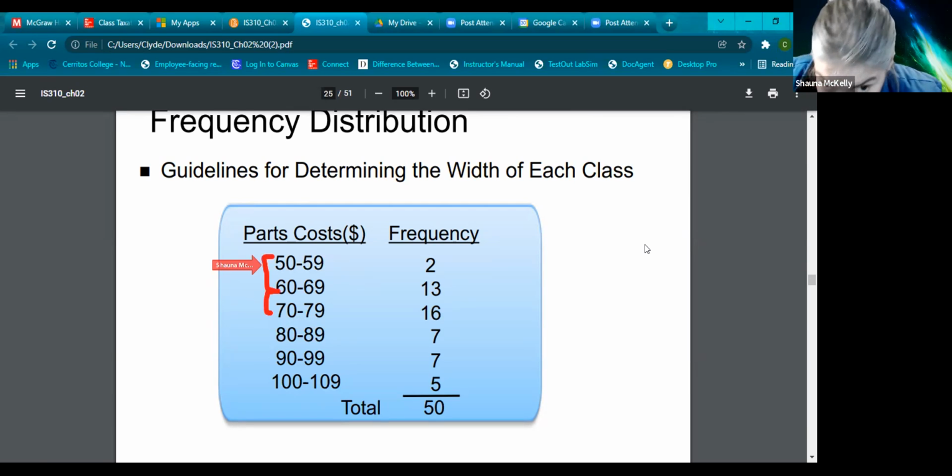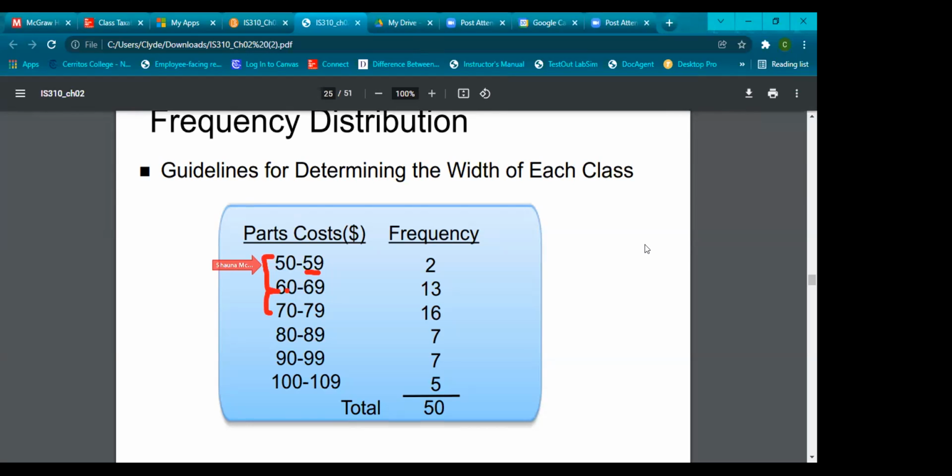And the same thing. Now, here, you don't want these classes to overlap. So one of the ways that you can look at this, if you've done your lower limits correctly, so you just add 10, 50 plus 10, 60, 60 plus 10, 70, 70 plus 10, 80, and so forth, is to figure out where this upper limit should be, the one that I underlined right here.